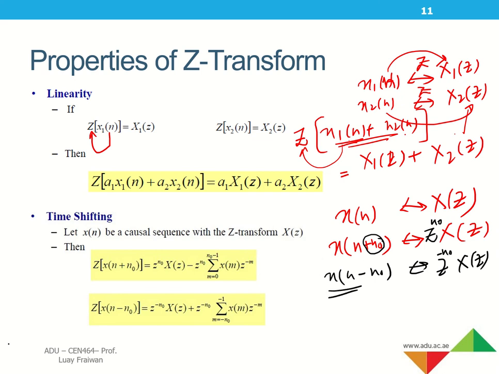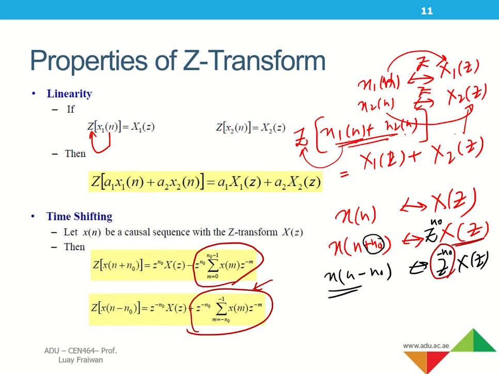So if we get a time-shifted signal, the original Z transform remains the same and we just get a multiplication factor. The additional terms tell us about the initial condition values. Sometimes when we do the time shifting, we should also include the shift due to any initial condition values. We will see with an example in the live session how to calculate this.